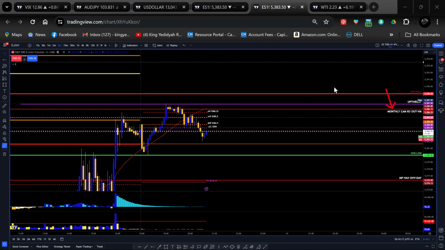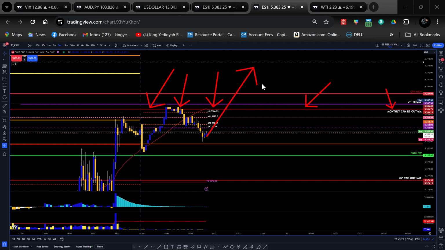That's monthly Camarilla R3, and that's already creating that resistance. So if we do break out of here tonight in the ETH, I'll be looking maybe for a retest. If we open around this level, a retest and go for the upthrust.